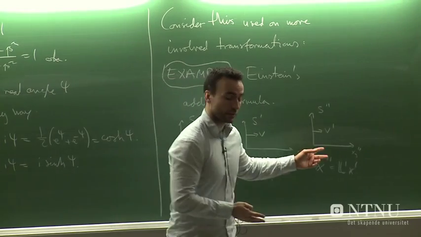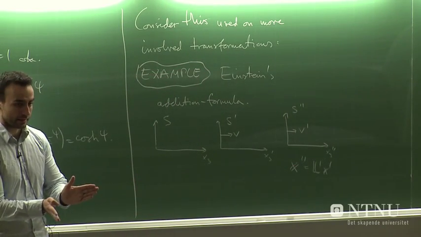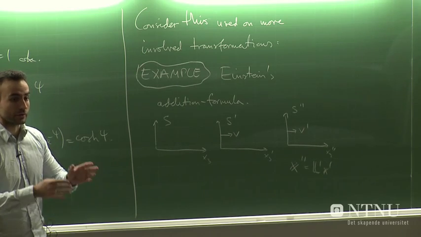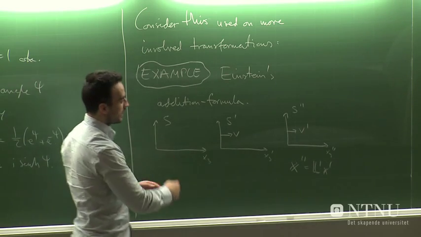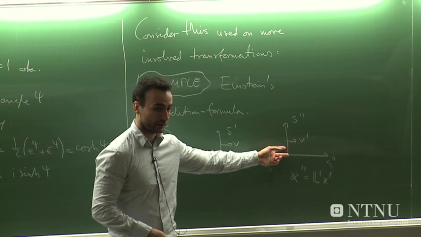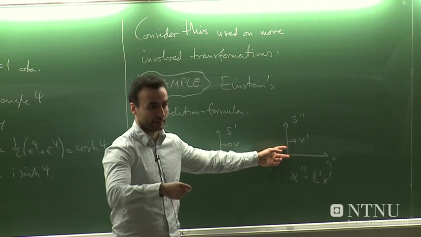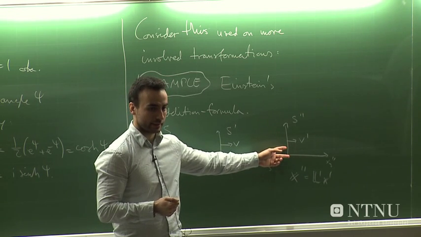But the motion here is also along the x3 axis, so it's just an additional rotation in the same plane. So the total transformation when going from S to S double prime is simply the sum of these two angles used to represent the transformation for each case. Do you see how I mean?